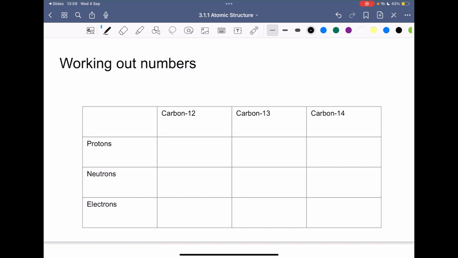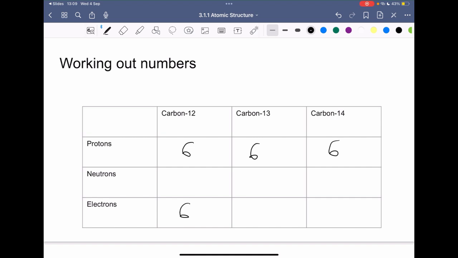Okay, here's the table for us to try and fill out. So firstly, what I'd fill out is the number of protons. Since they're all carbon, we know that all of them are going to have the same proton number. If we look at our periodic table, the small number is 6, so we know all of them are going to be 6. And our number of protons and our number of electrons are going to be the same.